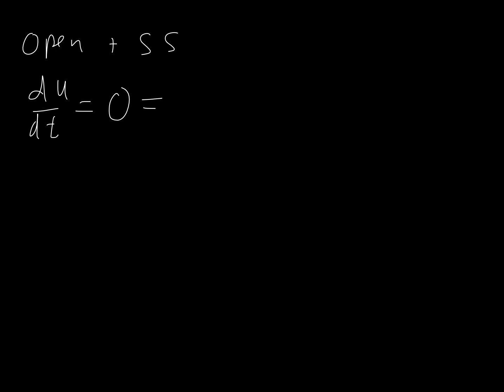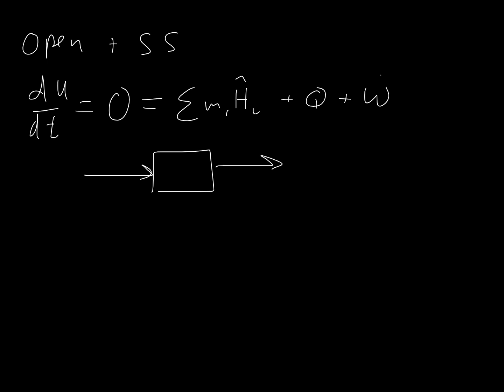In which case we have the summation of m dot h hat, I can put the i's in here, plus Q dot plus W dot. So if we simplify this system down to say that there's only one stream in and one stream out of the system, we can have Q, we can have W. Right, so if we write the system like this, we can then further simplify our general energy balance equation.